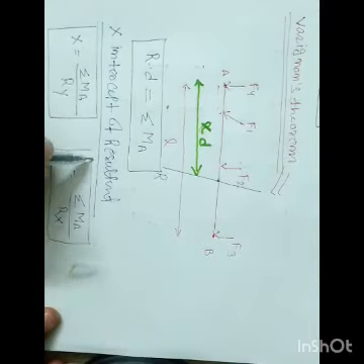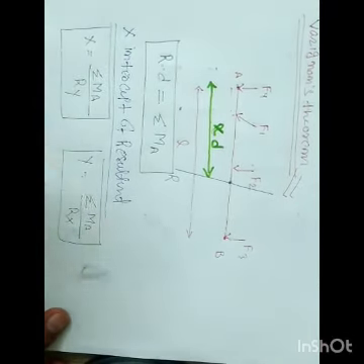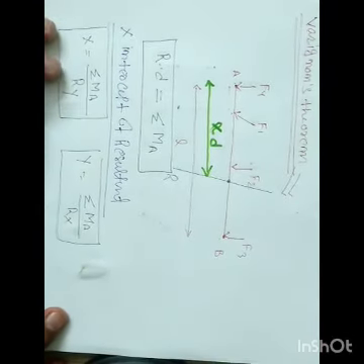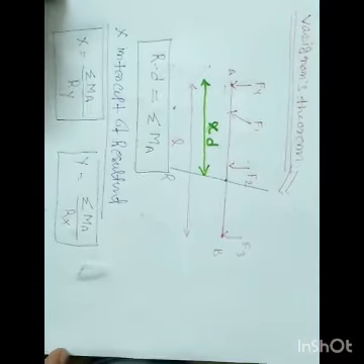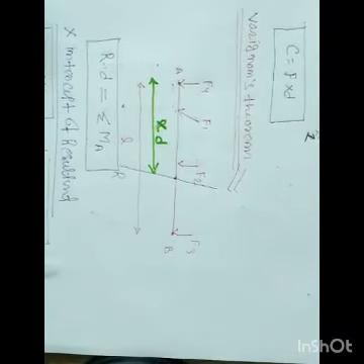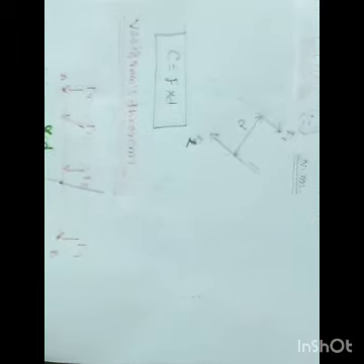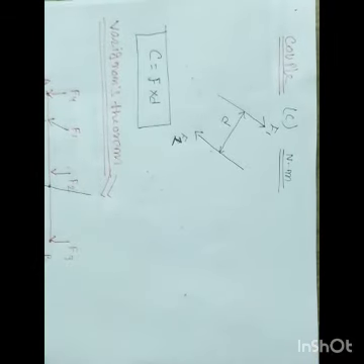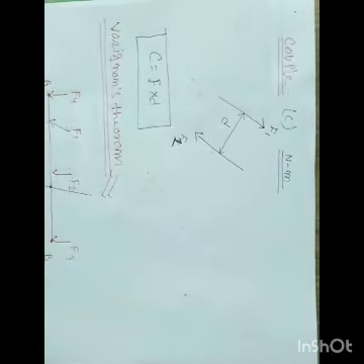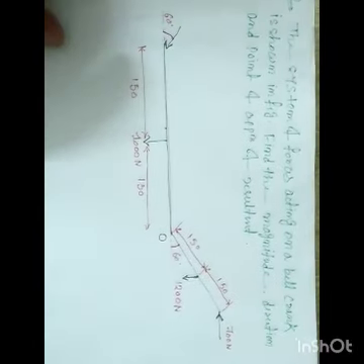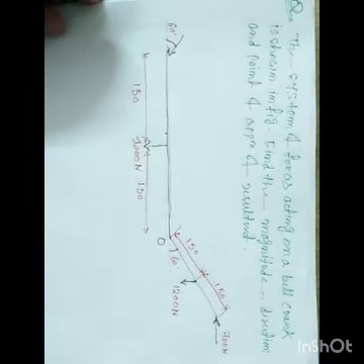On this concept you will get some problems in your paper also. Based on this discussion we are going to solve one problem so that we get a practical idea. You can see the problem on the screen.